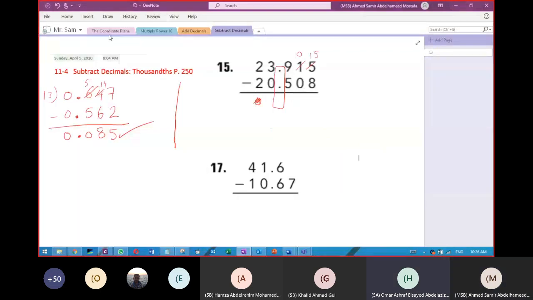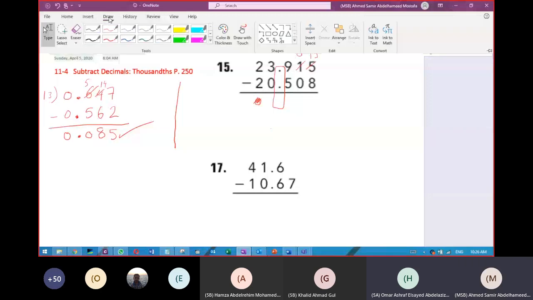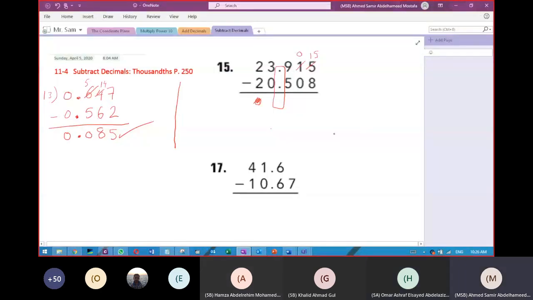Yes, please. You have it on the screen. Do you see it on the screen? Yes, we put a zero next to the 6. Okay, very good. Then you can subtract 0 by 7. It's gonna be a 10.